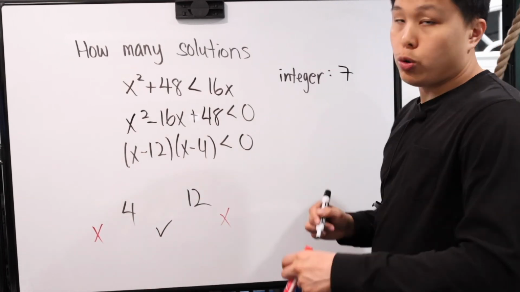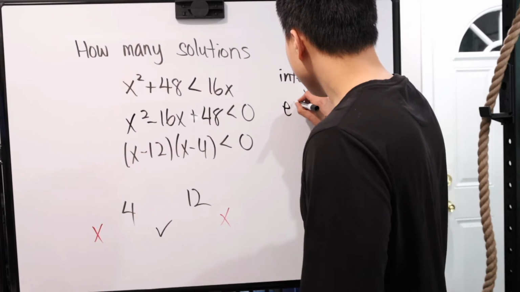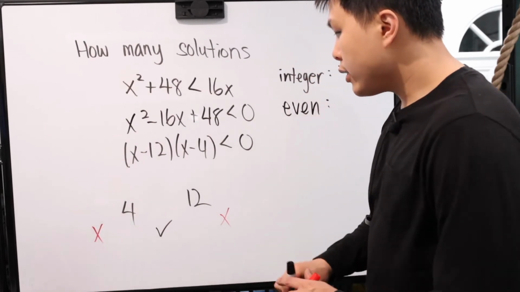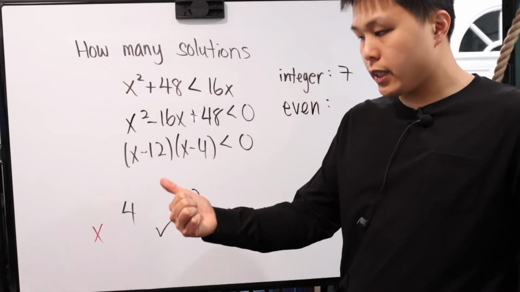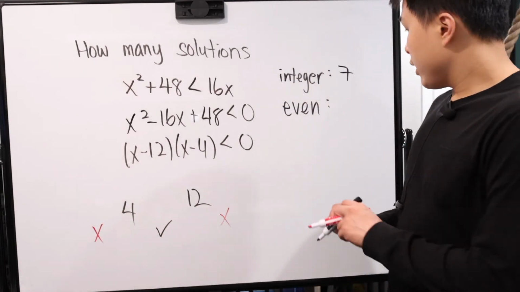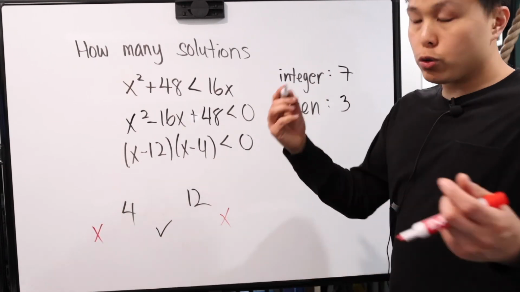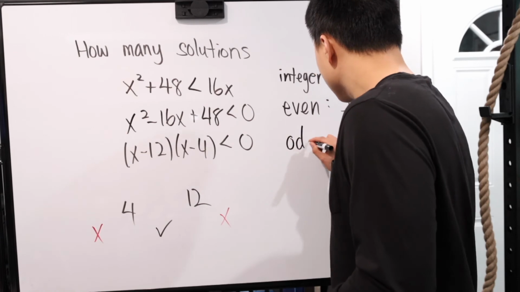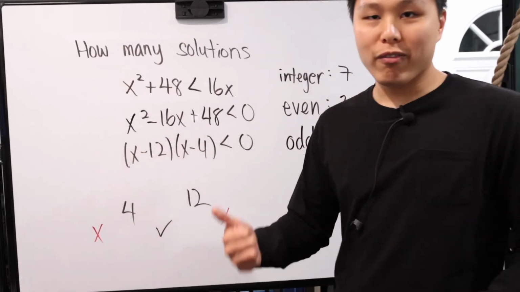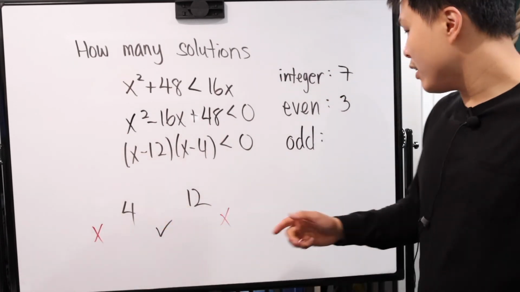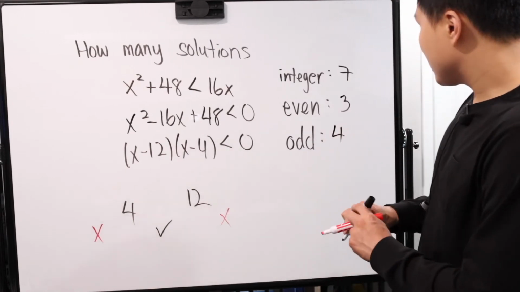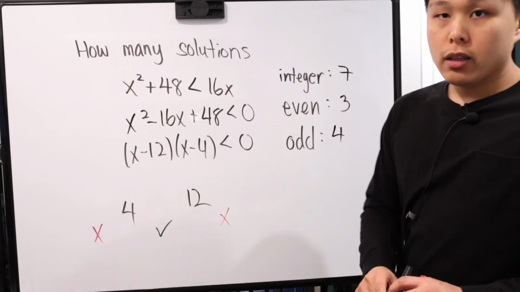But then they will also do other things. Let's just say, for example, how many even number solutions, right? Then you have to be very careful. You're looking at 6, 8, 10, right? That's 3. Or they would do something like odd. How many odd solutions are there? And then you're going to start counting, right? 5, 7, 9, 11. Of course, that makes sense because the total of these should be the number of integers.